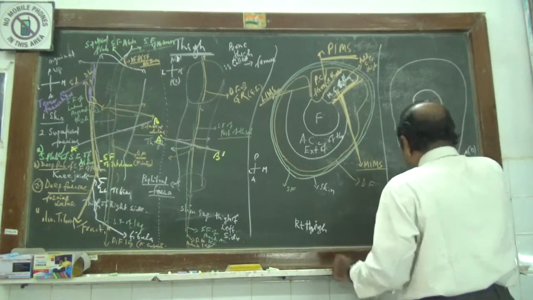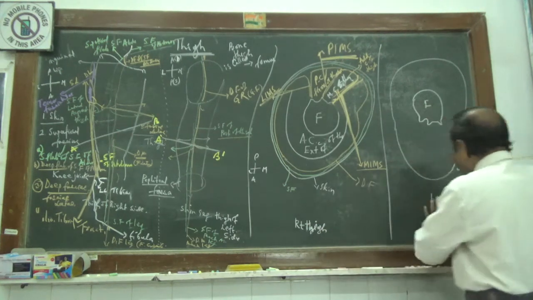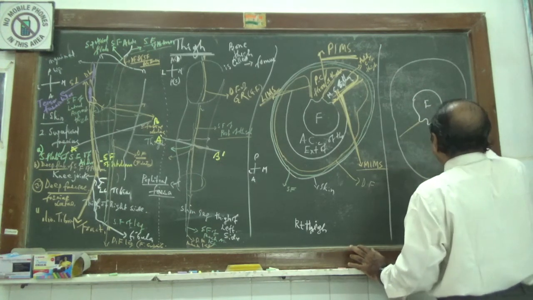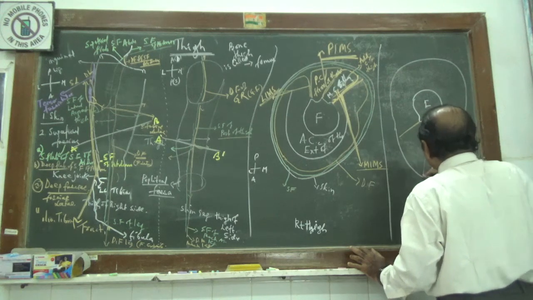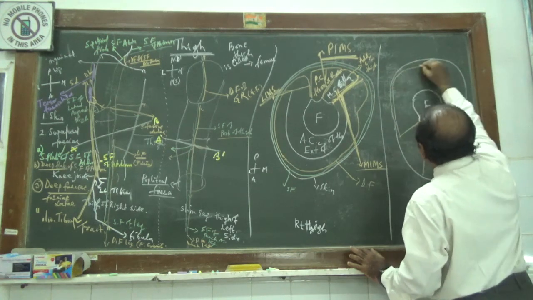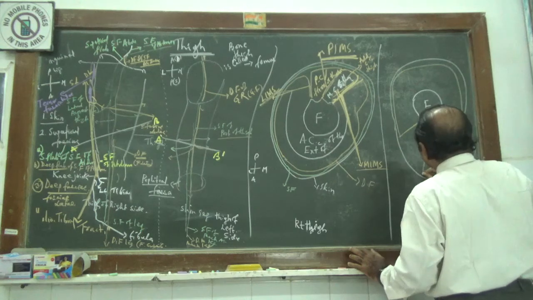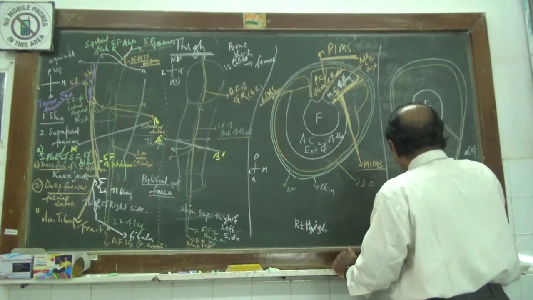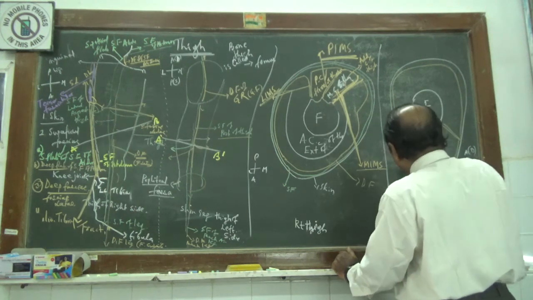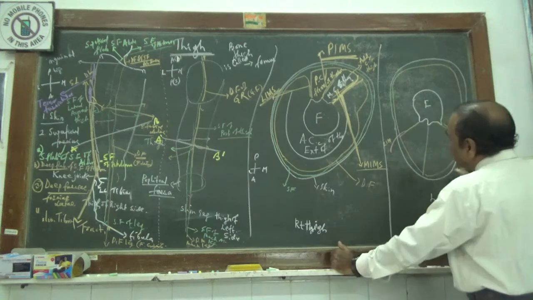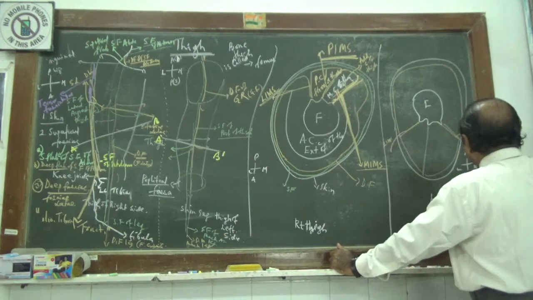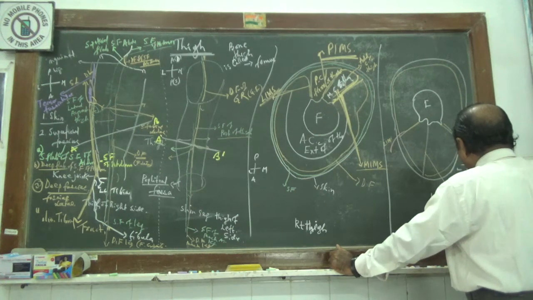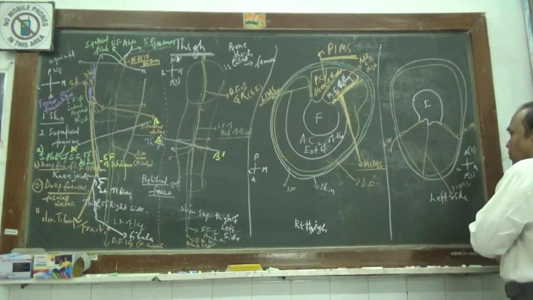Now you have to see that in this, you will have the lateral intermuscular septum, the medial intermuscular septum, and the posterior intermuscular septum. These are modifications of the deep fascia of the thigh itself. This is the lateral intermuscular septum of the left thigh, this is the medial intermuscular septum of the left thigh, and this is the posterior intermuscular septum of the left thigh.